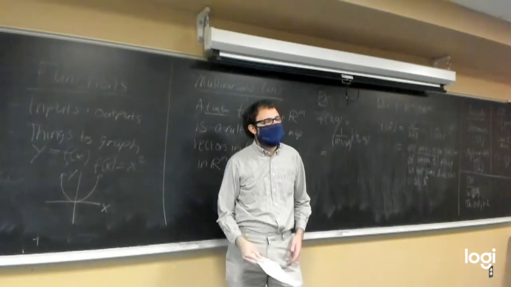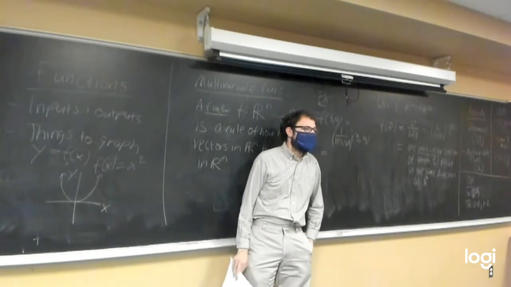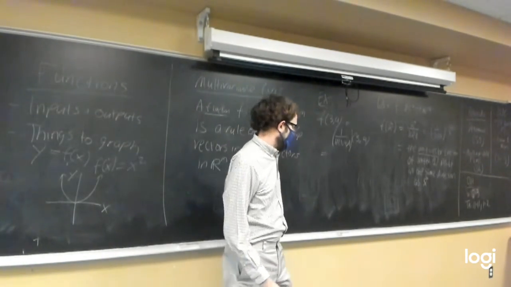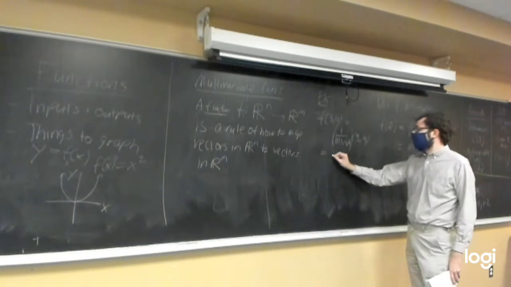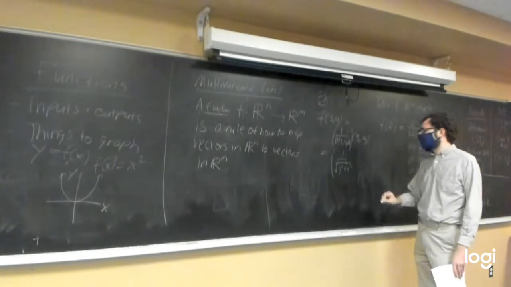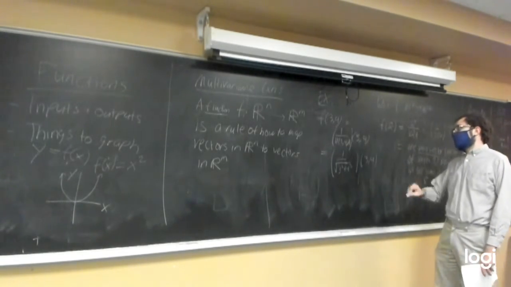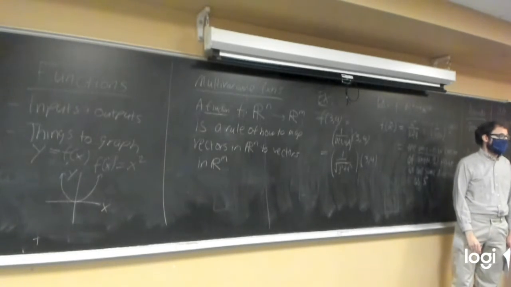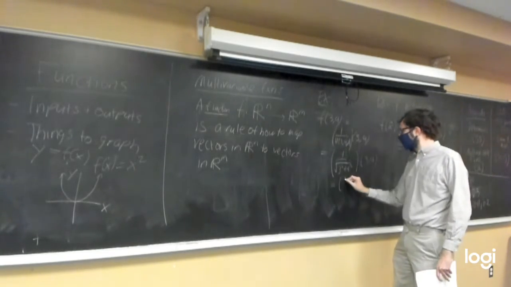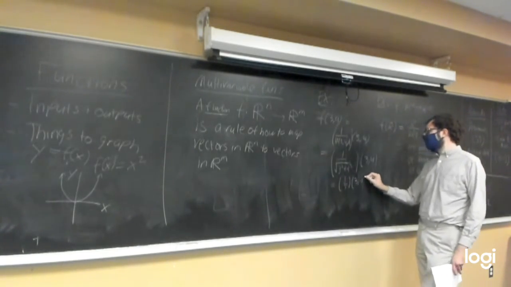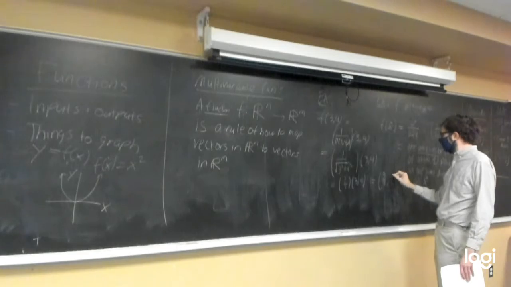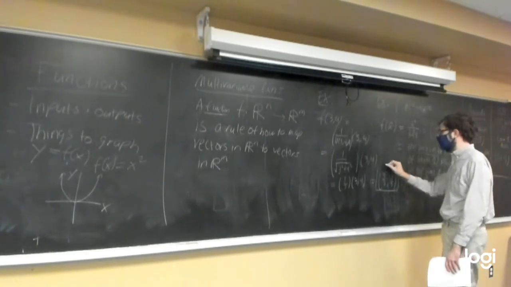What is the magnitude of (3, 4)? Pythagorean theorem it up. 5. I agree. Because the magnitude is the square root of the sum of the components squared, and the square root of 3 squared plus 4 squared is the square root of 9 plus 16, which is the square root of 25, which is 5. If we multiply the vector (3, 4) by a fifth, we get (3/5, 4/5) as our output.